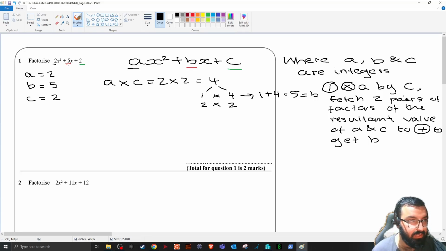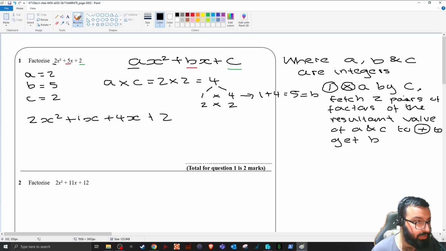We've broken down the coefficient of x here, and the reason we do this in the first place is to split the expression so that we can factorise in 2's. I'll show you what's going to happen here. We're going to get 2x squared plus x plus 4x plus 2.